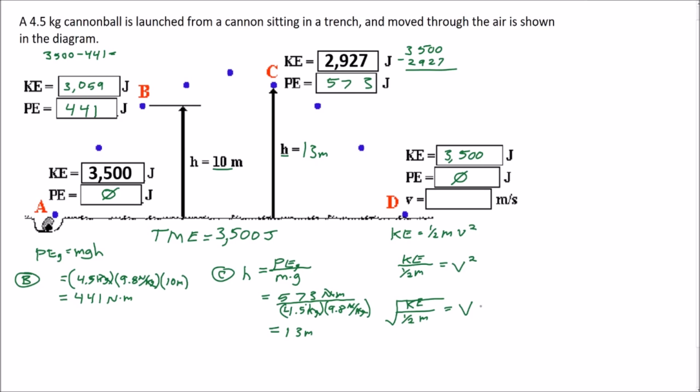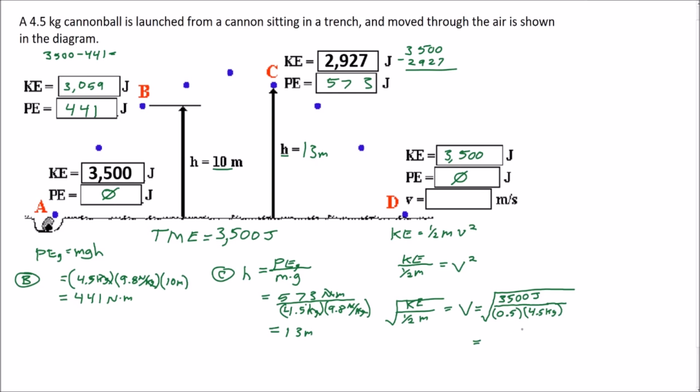And I'll just plug my numbers in. Kinetic energy is 3,500 joules. Instead of half, I'm going to write 0.5 just because that's how I'm going to put it in the calculator. And the mass is 4.5 kilograms. And we need to take the square root of all of that.